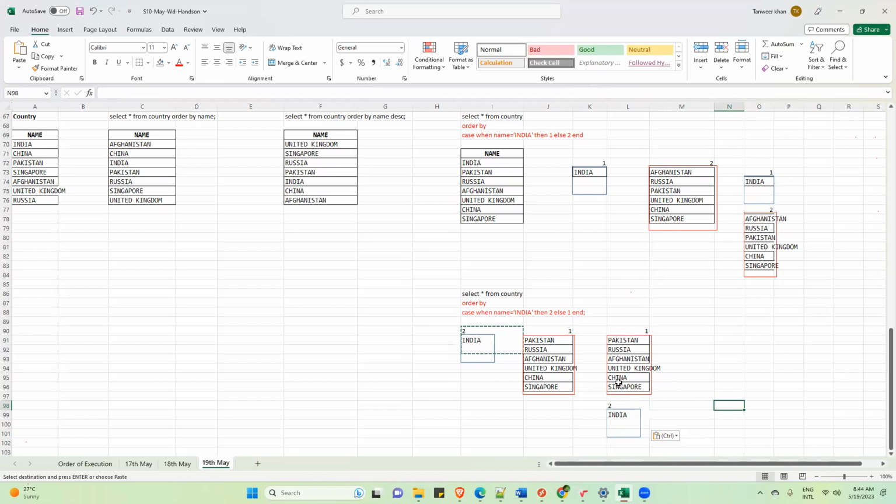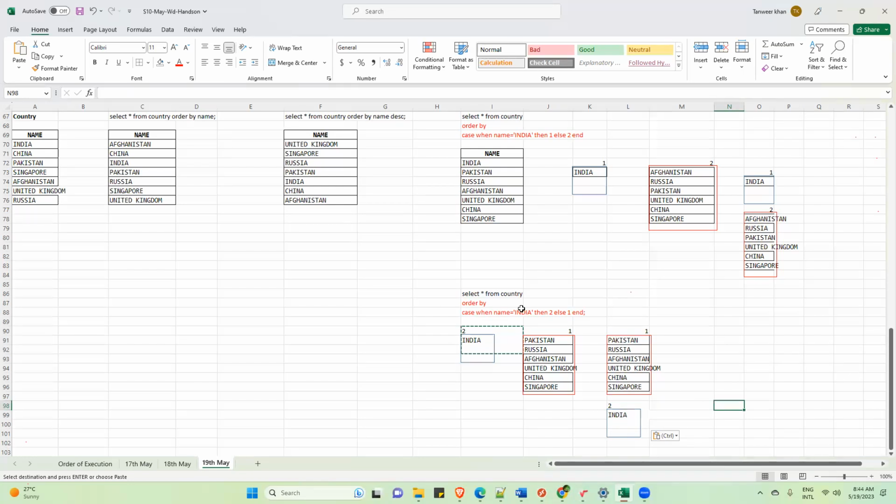Whenever we execute a case command, do we have to write 1 and 2, or is there anything else we can write? You can write anything else. We will discuss it. Before starting case, I told you that case is a very generic thing. Right now, I'm teaching you case in order by.